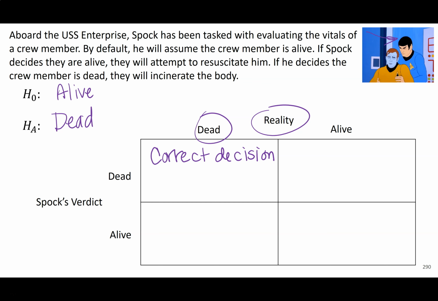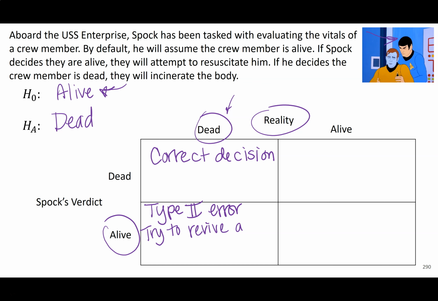Then if the crew member is dead and Spock says they're alive, this is a type 2 error, because they failed to reject the null. So they try to revive a dead person, which is definitely a bummer.